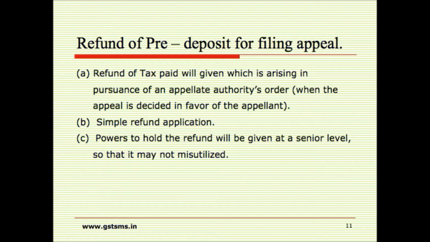A refund application has to be filed by the taxpayer on the GST network for this refund of pre-deposit also. However, a power to withhold this refund will be given at a senior level so that this power may not be misutilized.